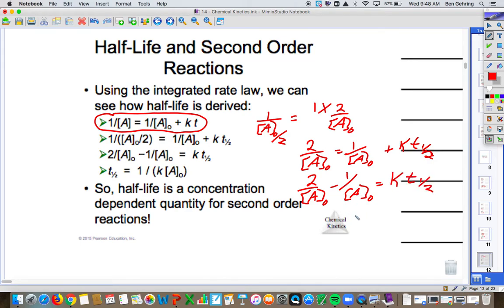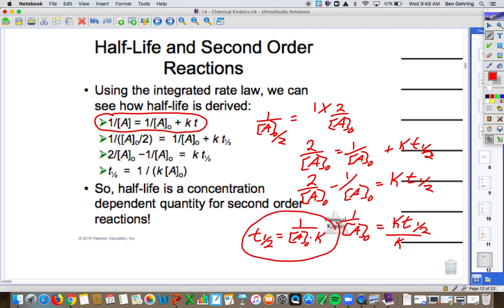And so I get 1 over the concentration of A naught equals kt to the 1/2. And I can then divide by k. And so I get t to the 1/2 equals 1 over the concentration of A naught times k. There is your half-life equation for second order.